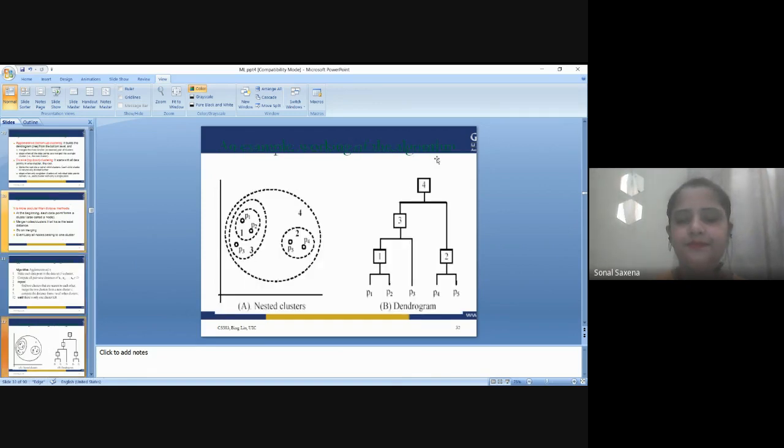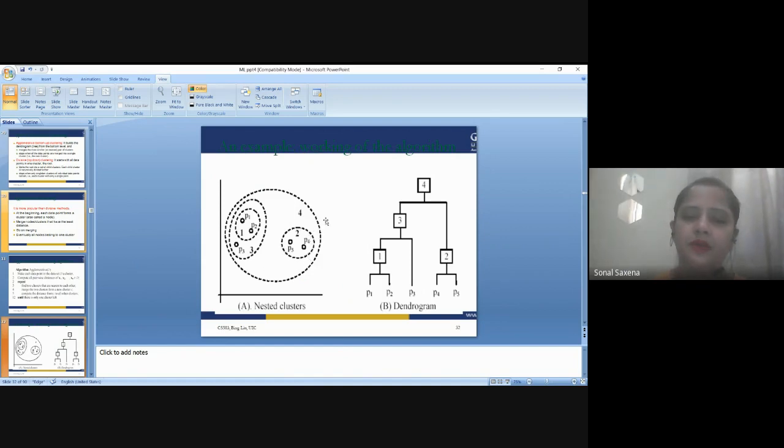See here you can see the working of the algorithm. Every time we find two sets P1 and P2, like these two data points, we check whether their distance is least or not, and if the distance is short, we make a cluster of these. Then we make a second cluster. Here P4 and P5 are nearer to each other, so we have made a cluster of both of them.